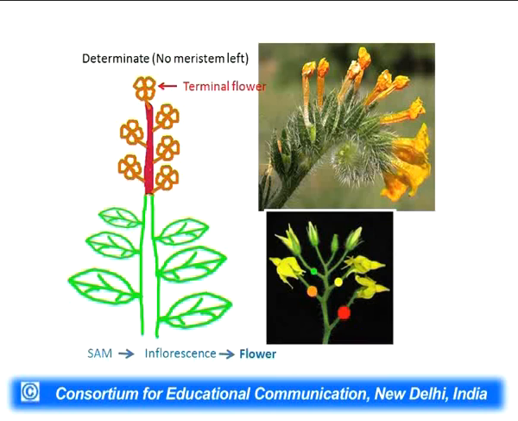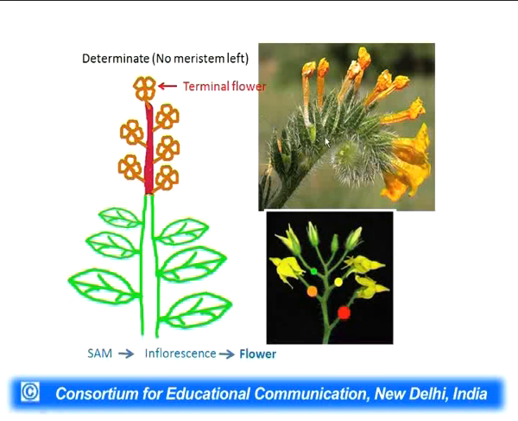This is a similar case where all the resources in the plant to give rise to flowers got exhausted, and the very tip ended its division by making another flower.